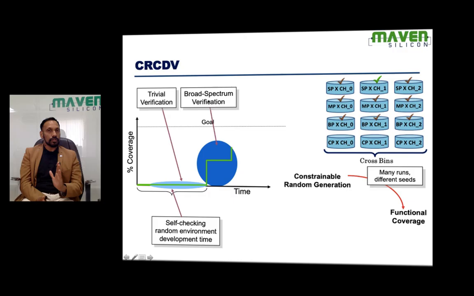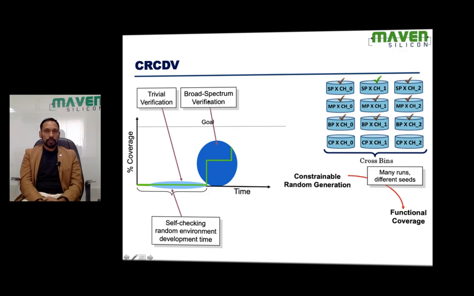In this case, the coverage is going to shoot up to 40 to 60% quickly, maybe within a couple of days. That's the advantage of SystemVerilog. In a SystemVerilog test bench, initially it might take time to produce the design coverage, but once the test bench becomes stable, the coverage will shoot up.